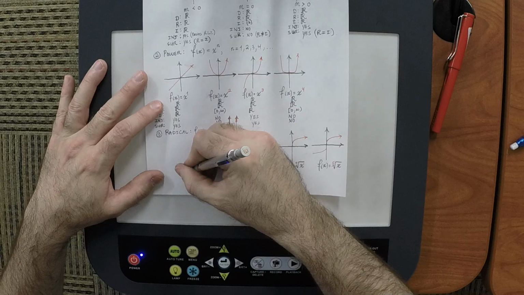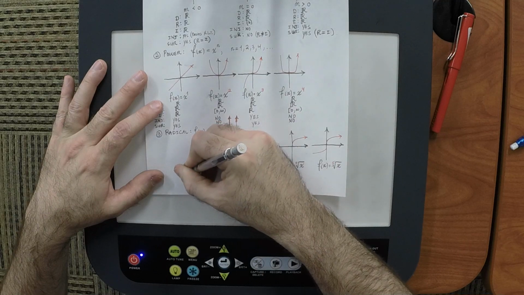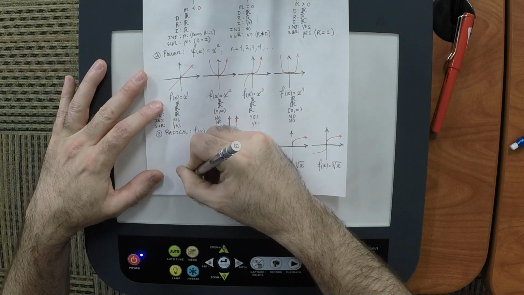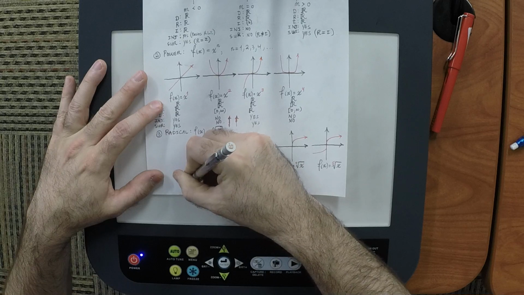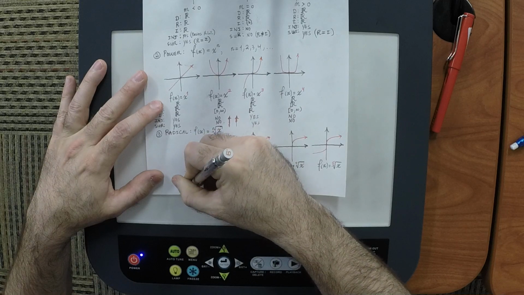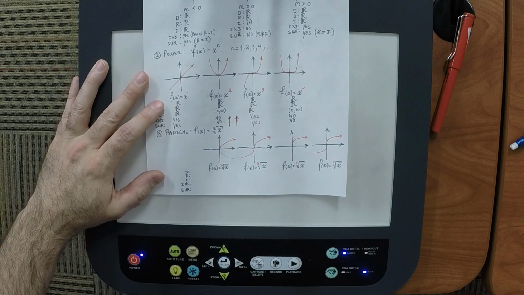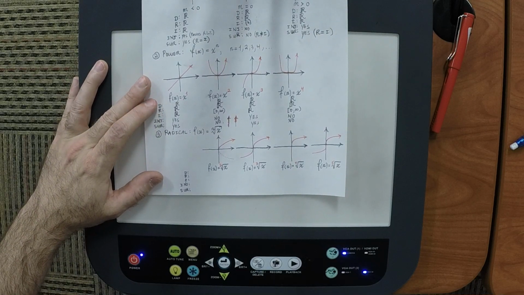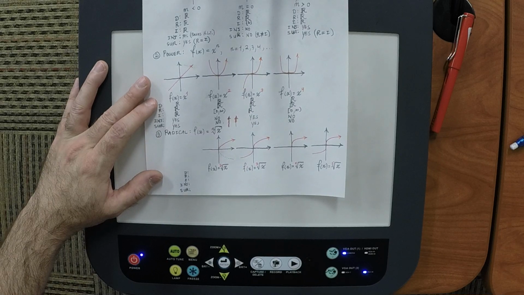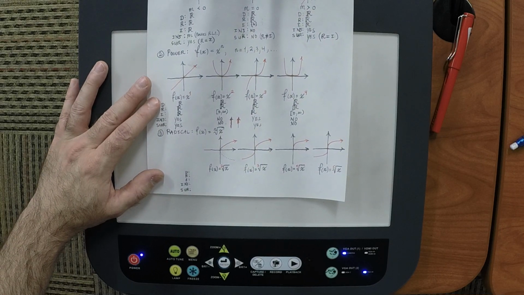Let's quickly write down these: domain, range, image, injective, surjective. So the even ones will all be the same. What's the domain of all the even ones? It's positive real, x greater than or equal to 0. Right, that one.